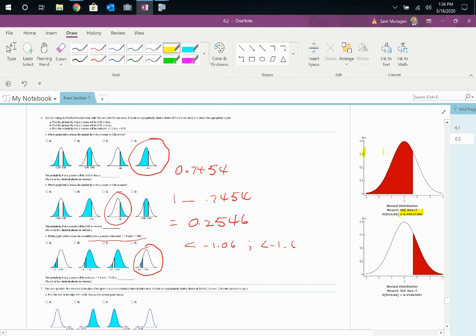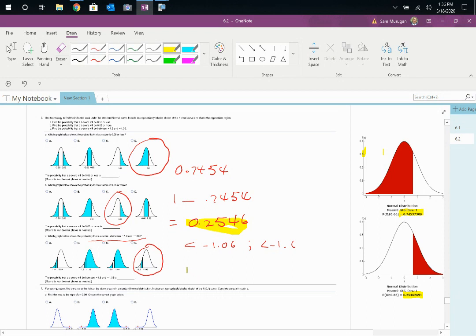And then greater than, I put it into the calculator. I got the second graph for this one, and you got the number from StatCrunch already, but you can subtract 0.7454 from 1 and get the number.